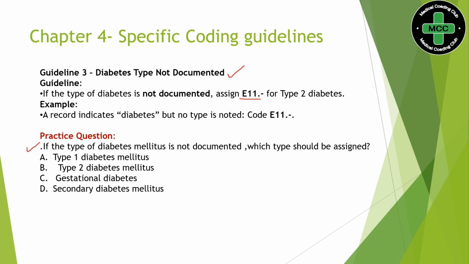You can see the question: if the type of diabetes mellitus is not documented, which type should be assigned? The answer is type 2 diabetes mellitus. Check the scenario, check your question. If they specify type 1 diabetes mellitus, you can go with type 1. If they say type 2, you can go with type 2. But if they are not saying any type, then by default you can select the E11 series code, that is type 2 diabetes mellitus.